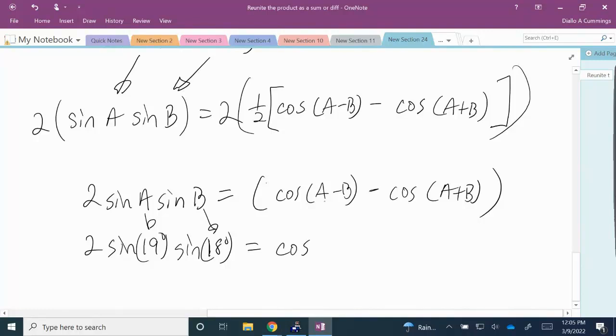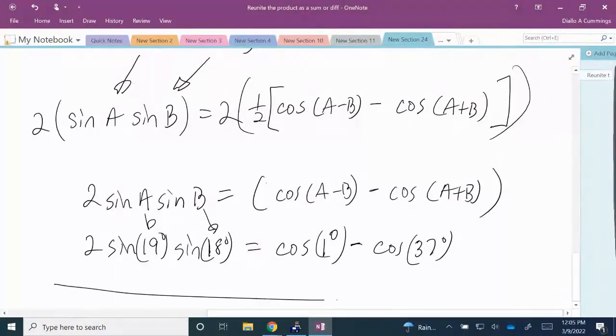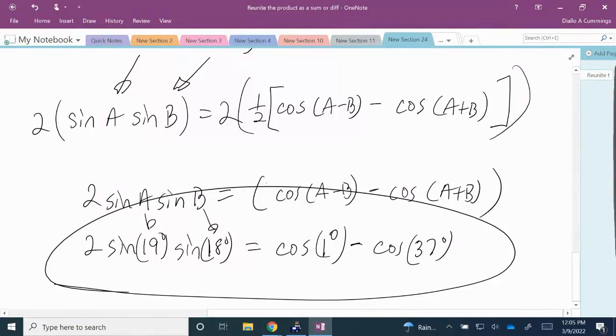So that's the cosine of, well, 19 degrees minus 18 degrees is 1 degree, minus the cosine of A plus B. Well, 19 plus 18 is 37 degrees. And that should be our solution.